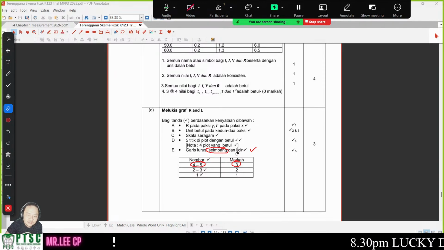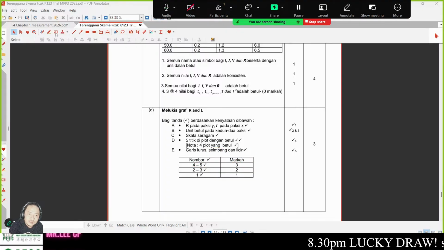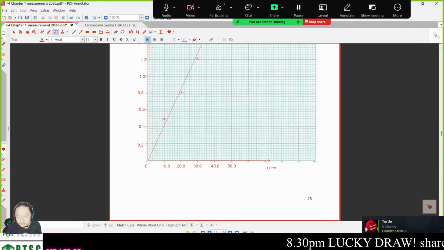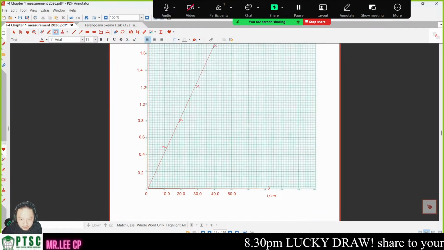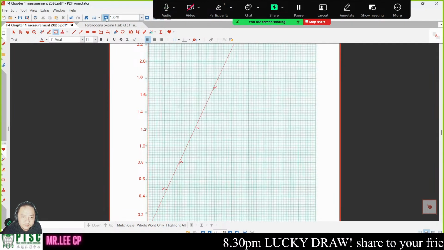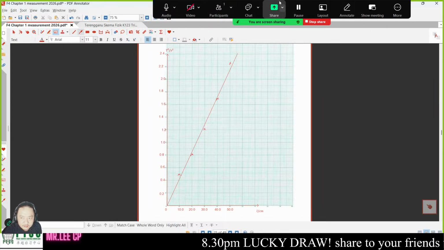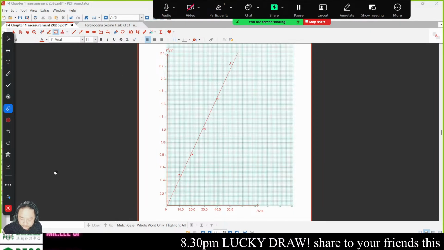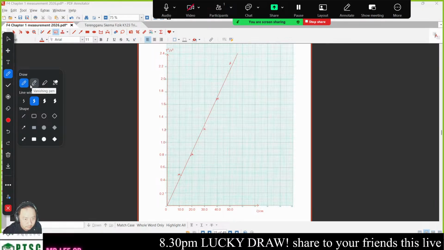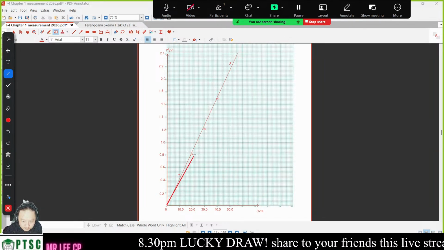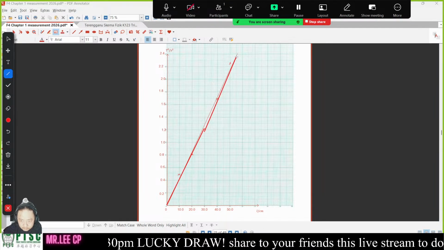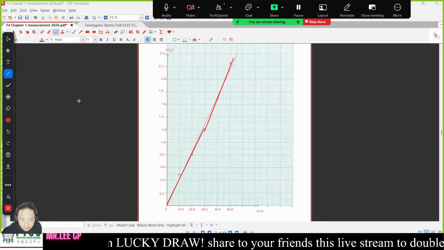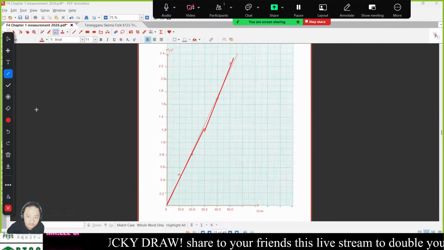And then teacher, what is licin? Okay, the graph that I had the most is like that. Some of you draw it this way. Okay, after that, you draw this way.